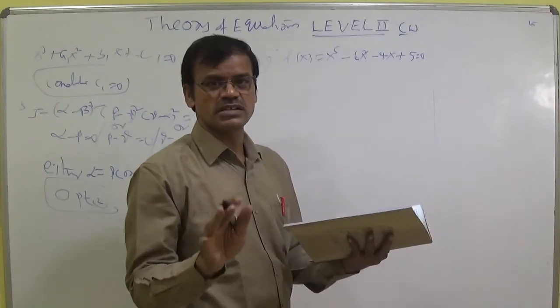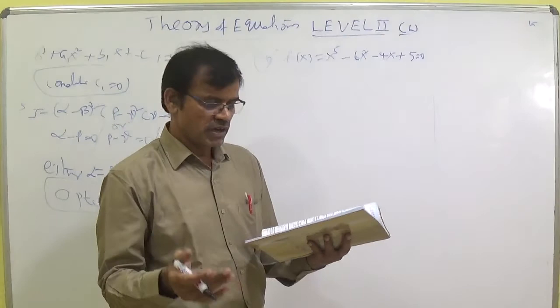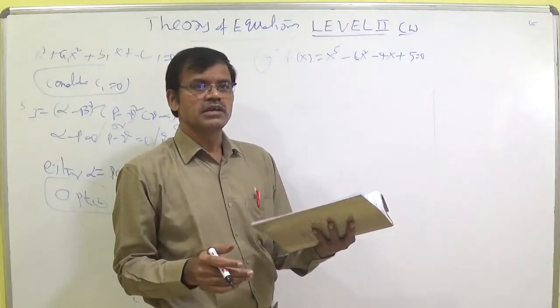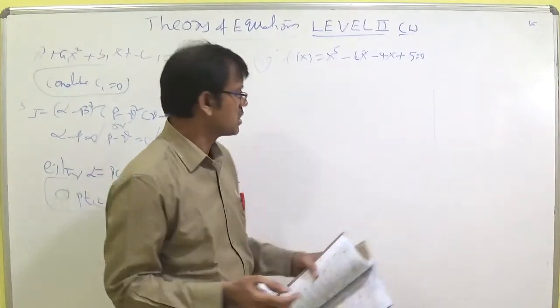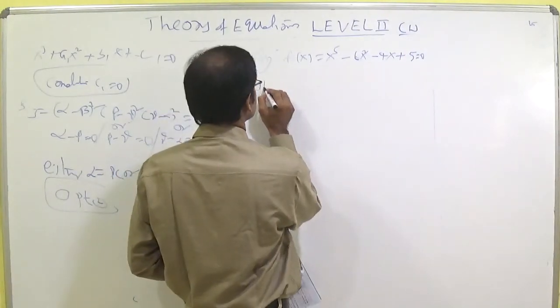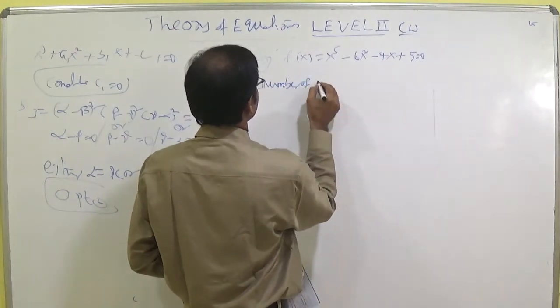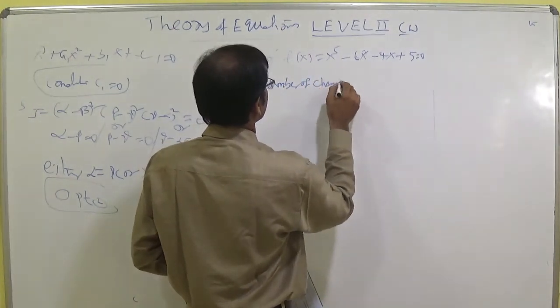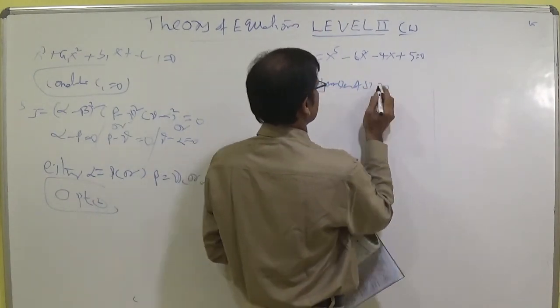Whenever he is discussing real roots, it is maximum or at most. Whenever he is discussing imaginary roots, we say it is minimum or at least. Number of changes of sign.